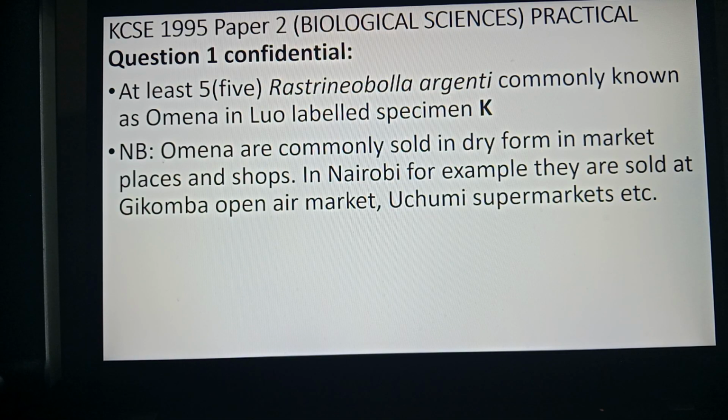I will first of all go through the confidentials of this practical. And in question 1, the confidential was asking for at least 5 Rastrineobolla argentea, commonly known as Omena in Luo, recorded as specimen K. Note, Omena are commonly sold in dry form in marketplaces and shops.